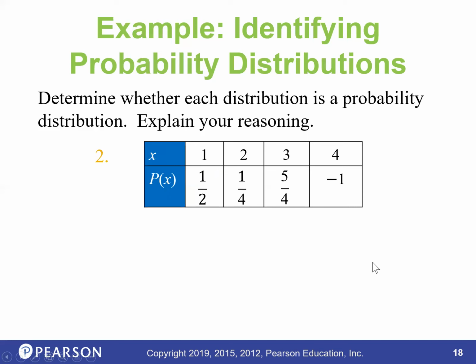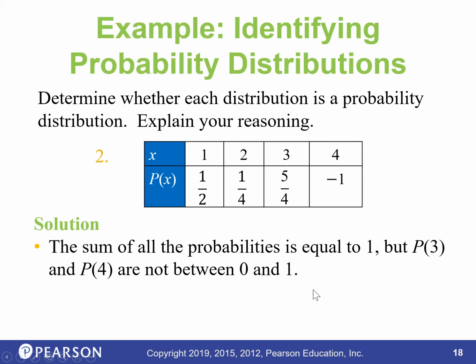Tell me the X values that don't make that happen. 5/4 and the negative. Absolutely. This guy here is above 1, 5/4. That's not a probability distribution at that point, right? And you can't have negative probabilities either. So it fails criteria 1. P3 and P4 are values that are not between 0 and 1. We don't even need to check the second criteria. Who cares, right? Because it doesn't fulfill one of them. We don't care if it fulfills the second one.